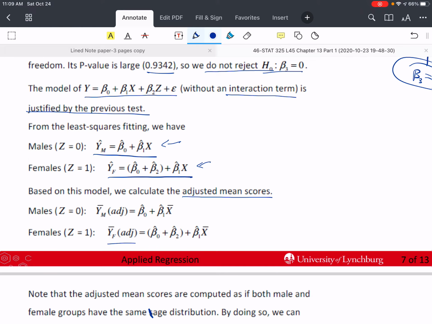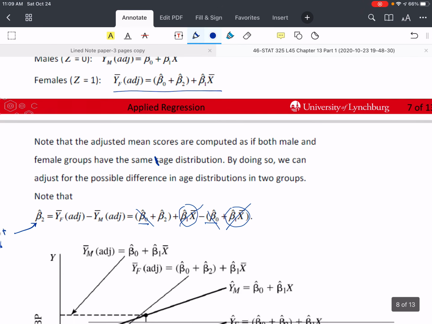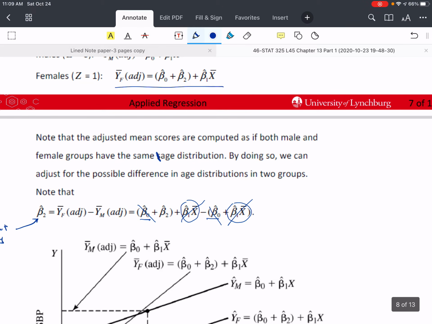So this is our new equation for females without beta 3. So it says, note that the adjusted mean scores are computed as if both male and female groups have the same age distribution. By doing so, we can adjust for the possible difference in age distributions in the two groups.